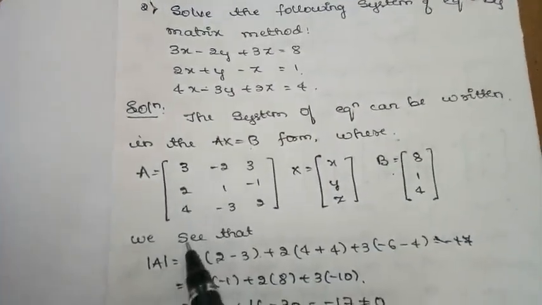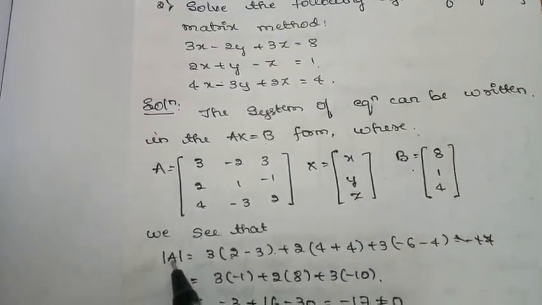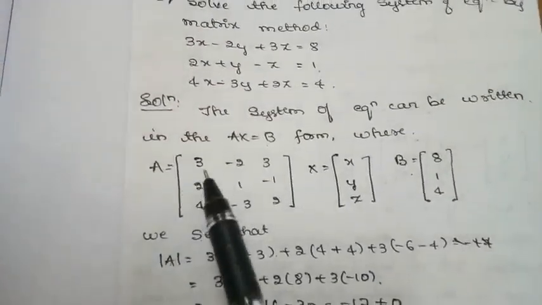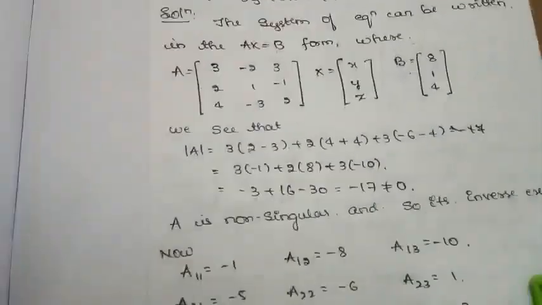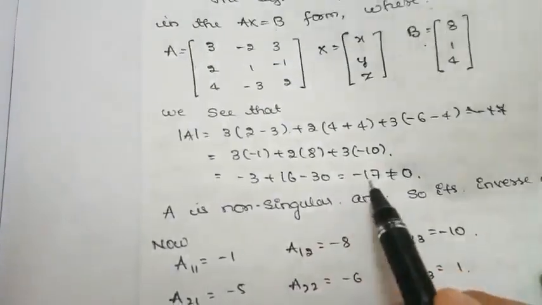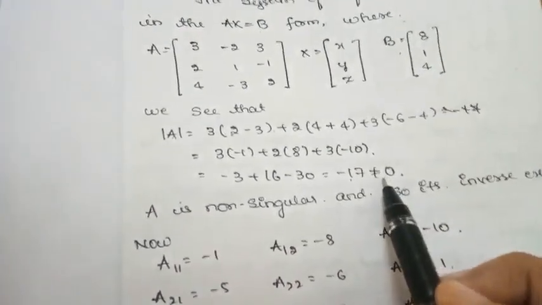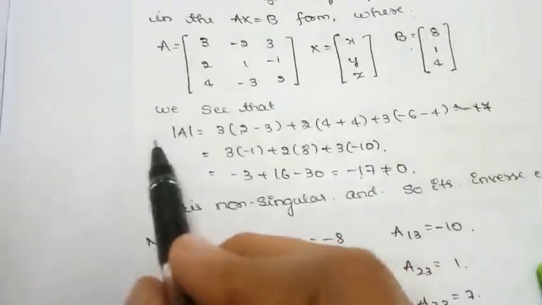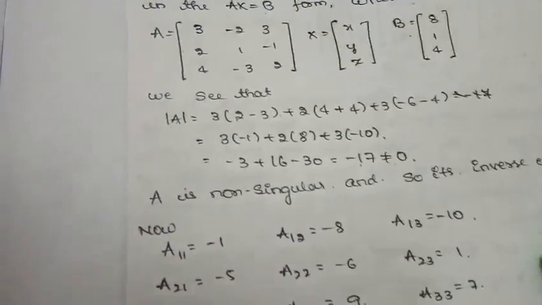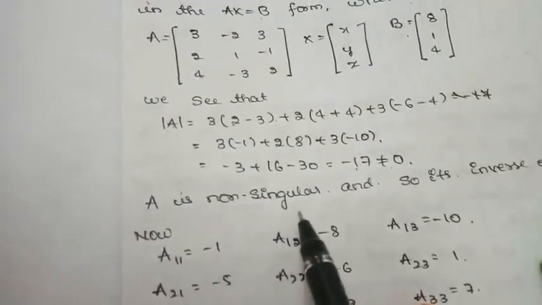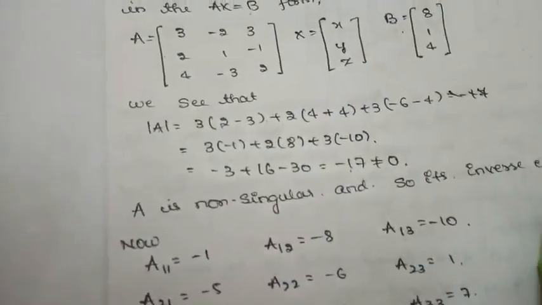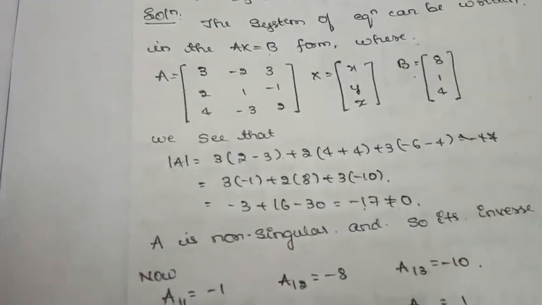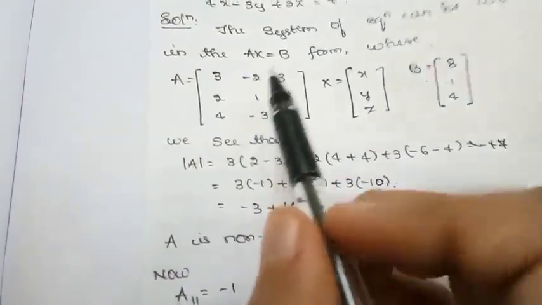First we need to find the determinant value of the matrix A. I expanded this along the first row, and I got the determinant value equal to minus 17, which is not equal to 0. So if the determinant of A is not equal to 0, what does it mean? Matrix A is a non-singular matrix. If it is a non-singular matrix, the inverse exists. Here it is a matrix of order 3.